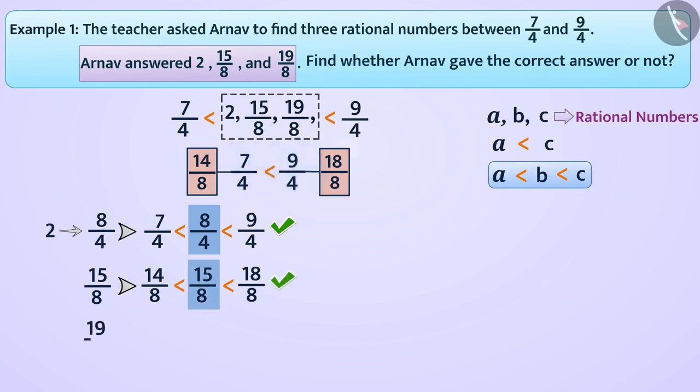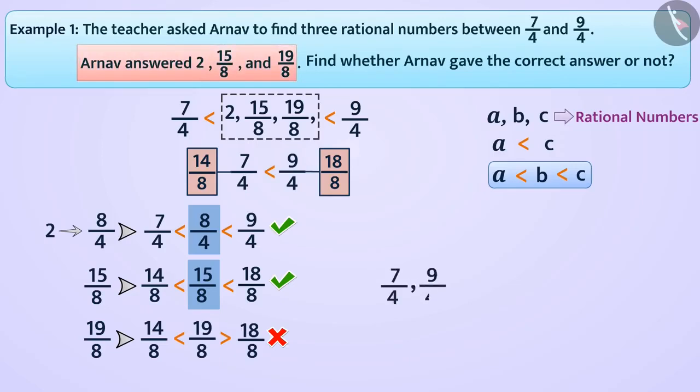If we talk about 19 by 8, then this is greater than both 14 by 8 and 18 by 8. Therefore, this is not the rational number between 7 by 4 and 9 by 4. Therefore, Arnav's answer is wrong. The rational numbers between 7 by 4 and 9 by 4 are 2, 15 by 8, 17 by 8.